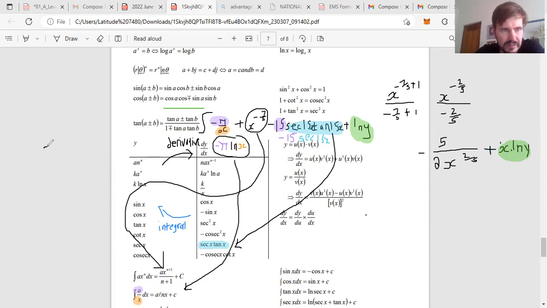Just think of if it's x to the 6, you just add 1 to the 6 and divide by whatever the exponent became, which is a 7. So the integral of that is that. Okay, so basically the takeaway from that is that it's not as difficult as you think. You just got to go down to the formula sheet and find the answers.